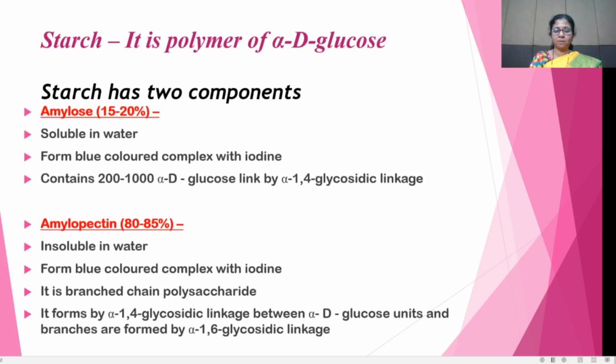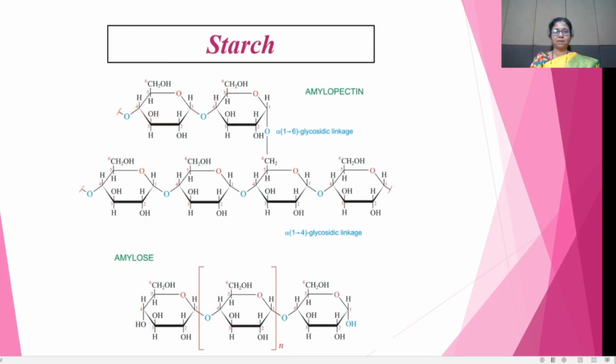Now see the structure of starch in this way. It has two parts. This one is amylose. These amylose chains are formed by alpha D glucose units linked to each other by alpha 1,4 glycosidic linkage, and the branch is at this carbon number 6 and carbon number 1 of another polymer.